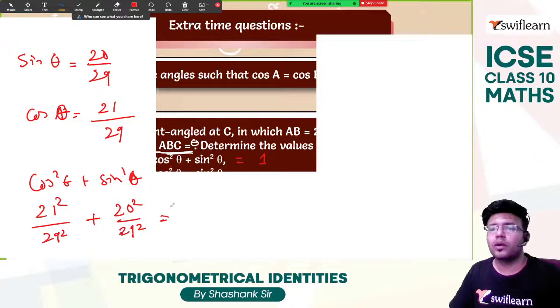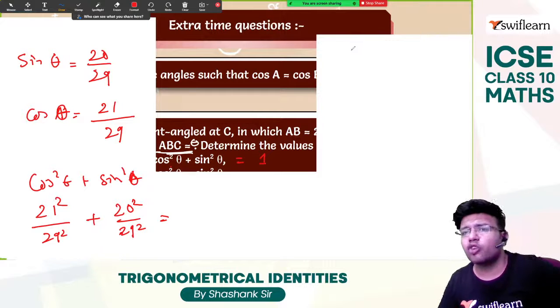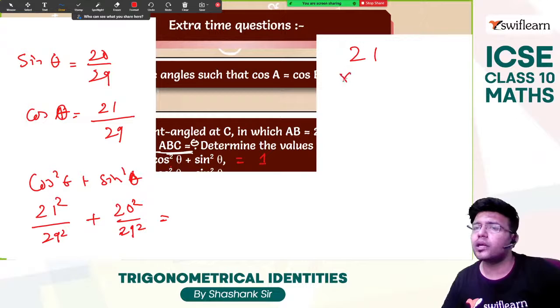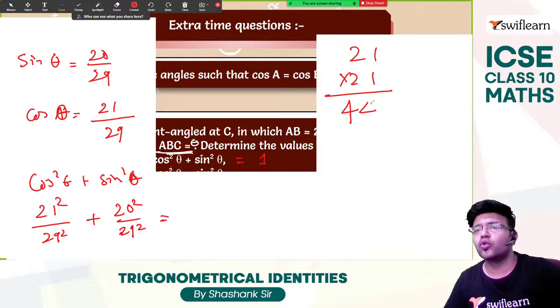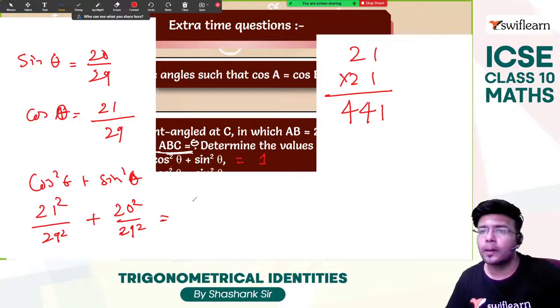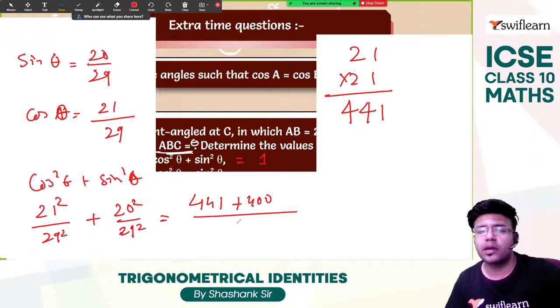How much is 21 square? 21 into 21. So 400. 2 twos are 4, 2 twos are 4, 441. 441 plus 400 divided by 29 square.